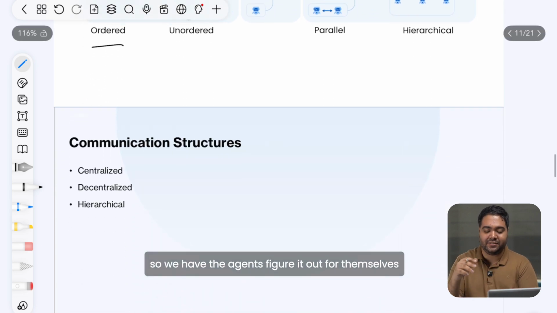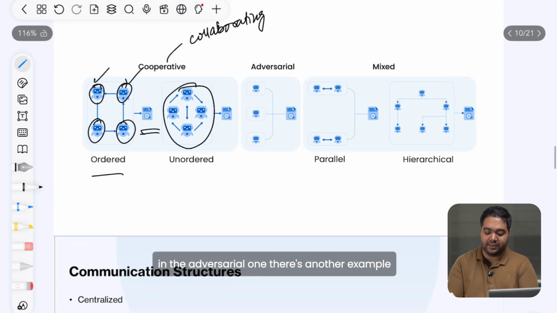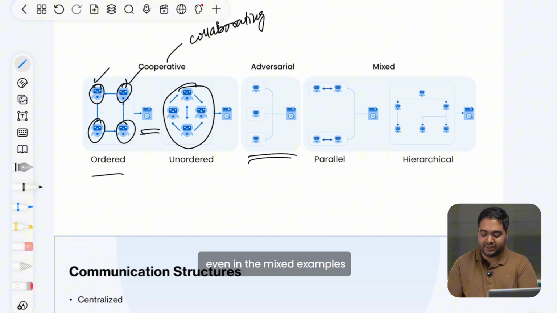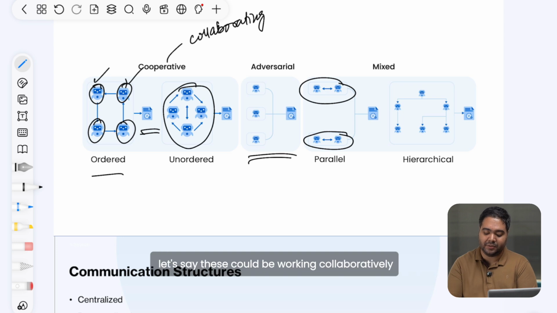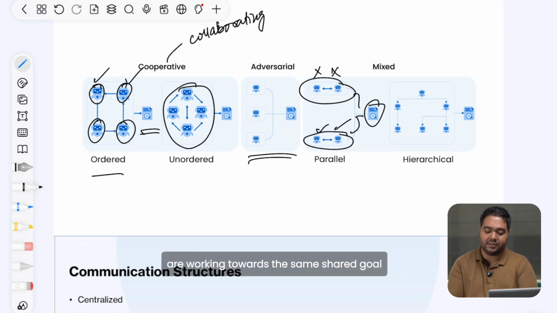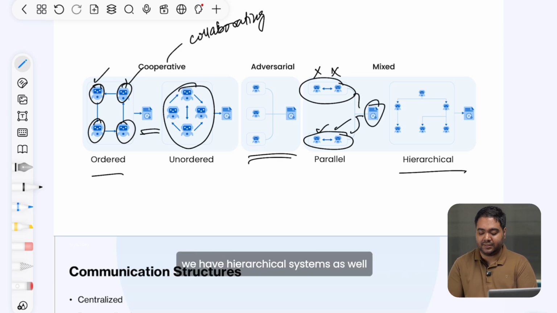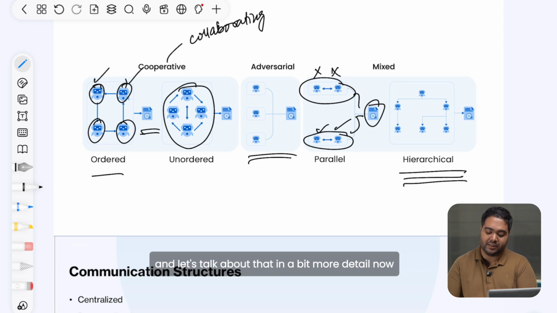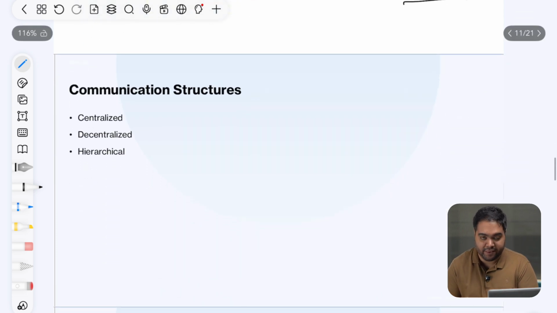So we have the agents figure it out for themselves. In the adversarial one, there's another example. Even in the mixed examples, some agents could be working in parallel. Let's say these could be working collaboratively, these could be working competitively, and these again are working towards the same shared goal. We have hierarchical systems as well, and let's talk about that in a bit more detail now.